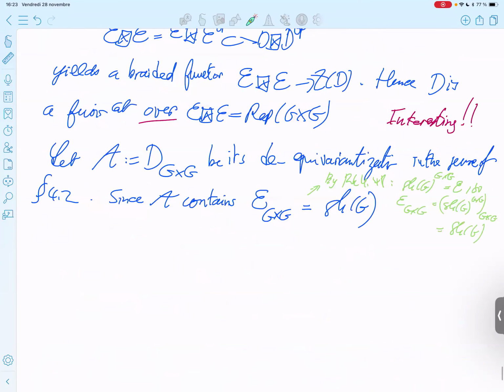So you also have, by definition, E is in D, which implies that is in D. So you have also that. So for that contain.